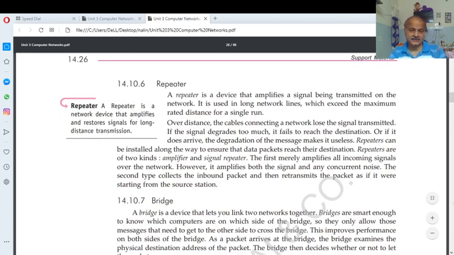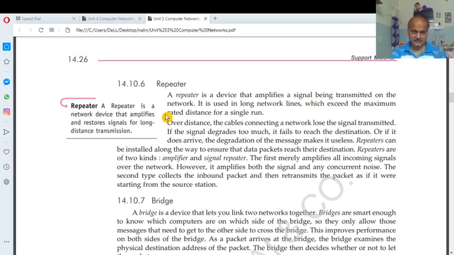Then the repeater. This is a very important device in networking. A repeater is a device that amplifies a signal being transmitted on the network. So its main aim is to amplify the signals.